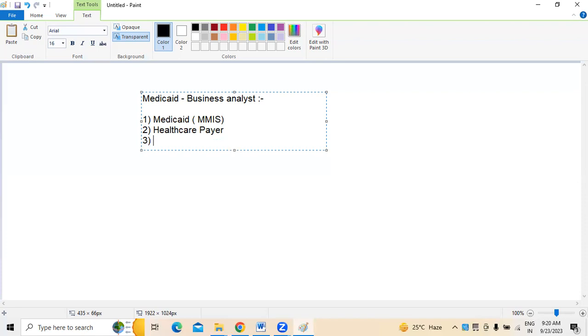Of course, this is not something exclusively for Medicaid BA, but becoming a technical BA is essentially required nowadays. Earlier, we used to have only functional side business analyst knowledge, but nowadays knowledge over technology is becoming inevitable in the role of a BA.